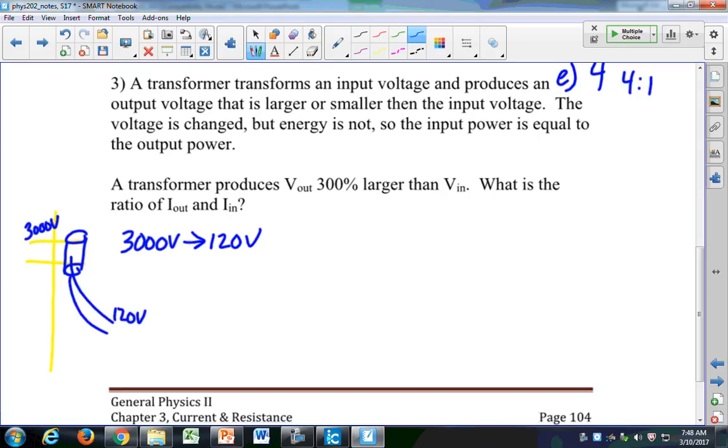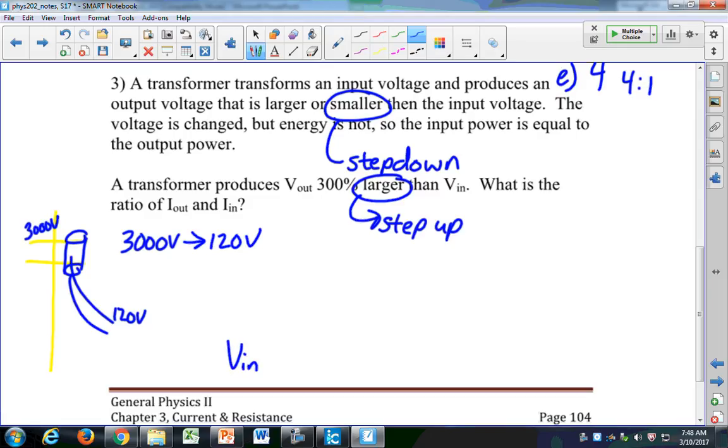When it goes smaller, this is called a step-down transformer. But in this case, we're looking at one that is not a step-down, but a step-up transformer. So it's taking a small voltage, V in, and making it bigger, stepping up to V out.